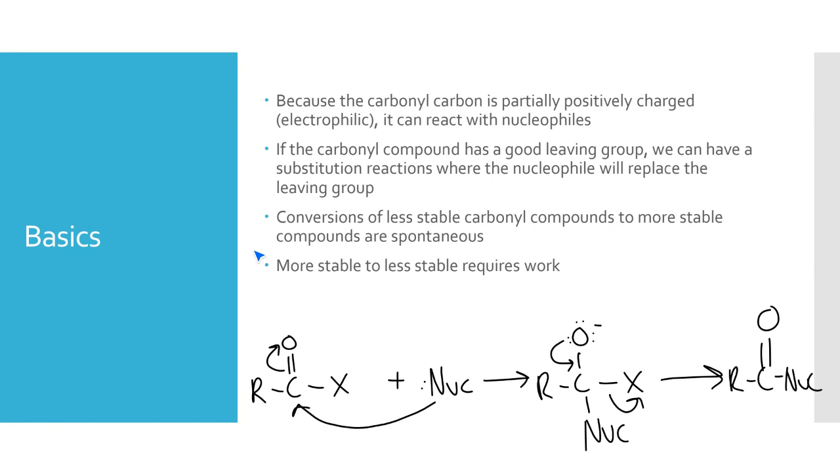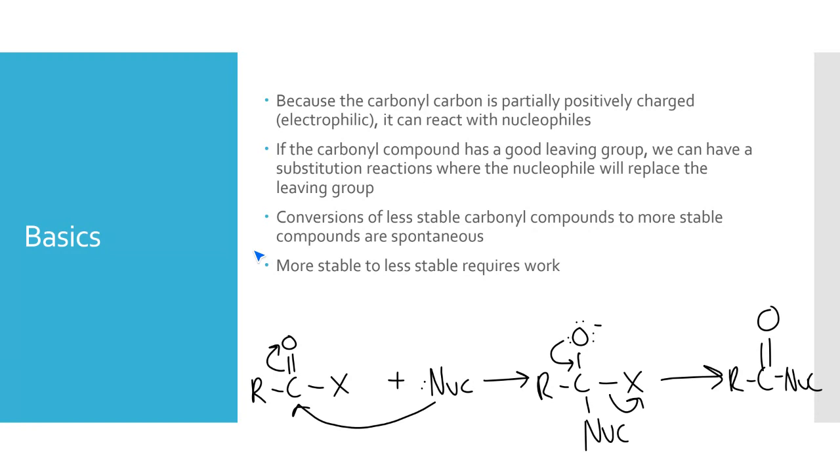If the carbonyl compound has a good leaving group, we can have a substitution reaction instead of what I talked about in the past study session, where we have nucleophilic addition. So if something can come off, you'll have a substitution reaction, and whatever nucleophile we use will replace the leaving group.